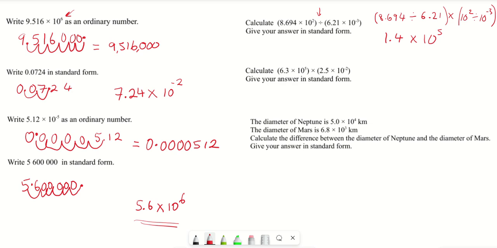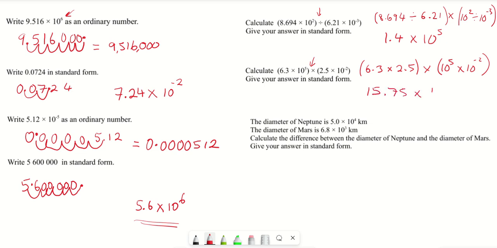This one here, we follow the same process. So it's 6.3 times 2.5. We times the numbers together. This time we are timesing. And then it's going to be times 10 to the power something. If we've got 10 to the power 5 times 10 to the power of negative 2, we will calculate that bit second. So 6.3 times 2.5 gives us an answer of 15.75.